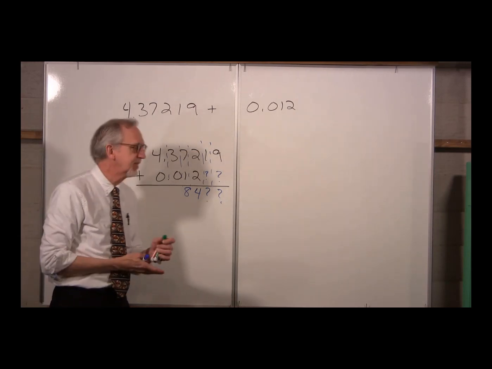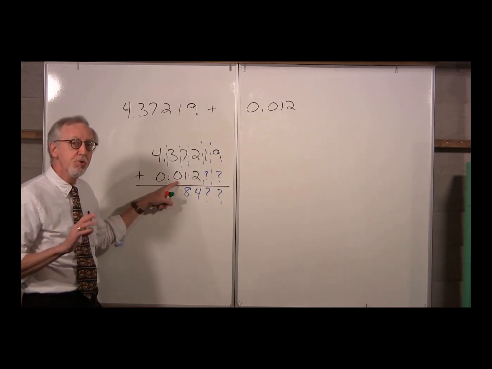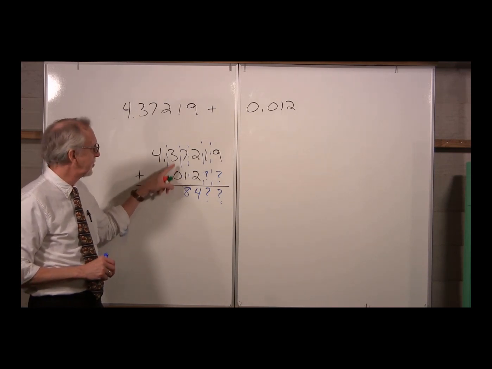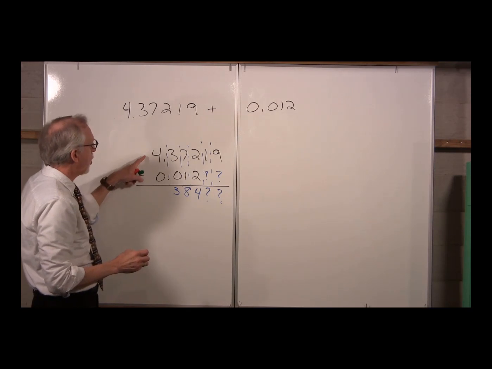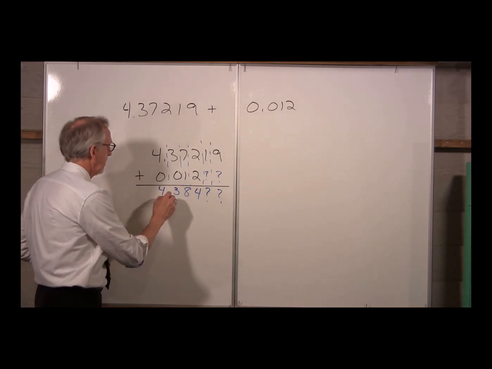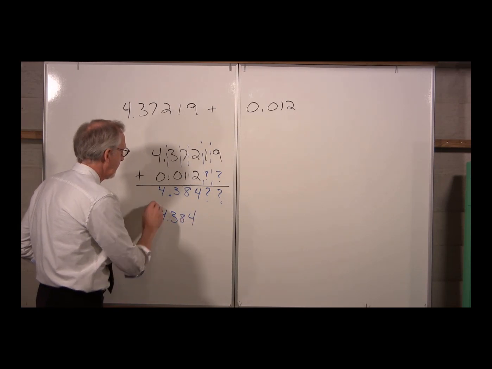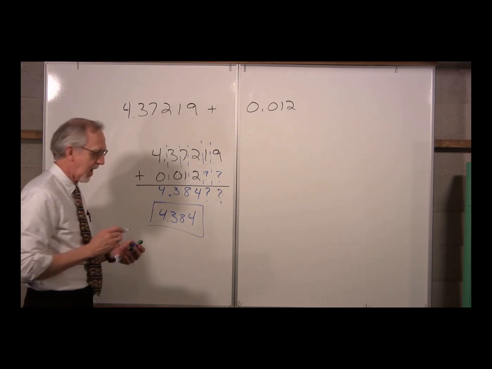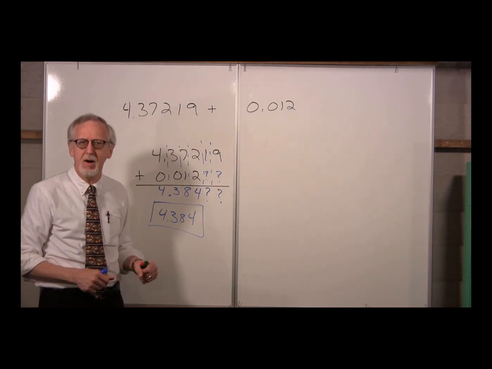We do not consider that 0 as a significant digit, but we do know it is 0. So 3 plus 0 is 3. 4 plus 0, 4. So what do we get? 4.384. And there is our result. We cannot quote these digits because we don't know what they are.